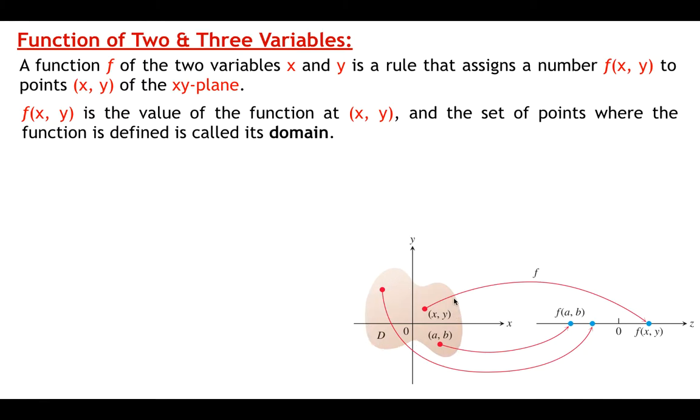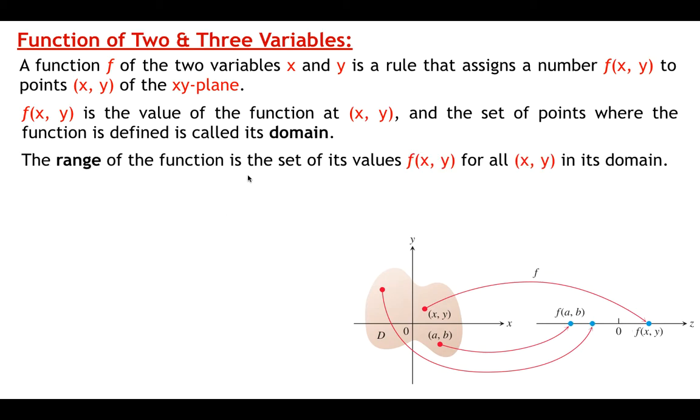The range will be the corresponding values of the function. If we get f(a, b) corresponding to the point (a, b), the set of all these values which we get by this rule is called the range of the function. So the range of the function is the set of its values f(x, y) for every point (x, y) in its domain.